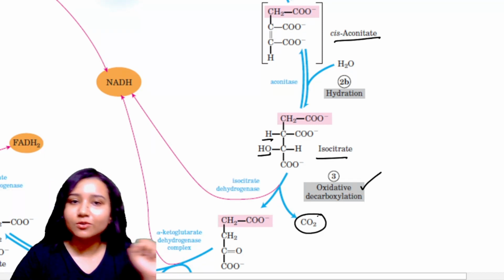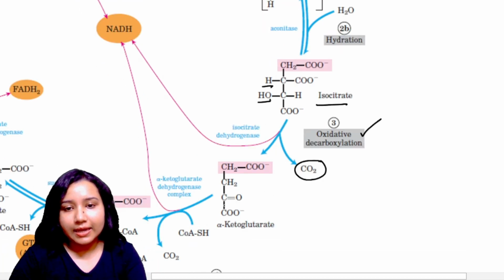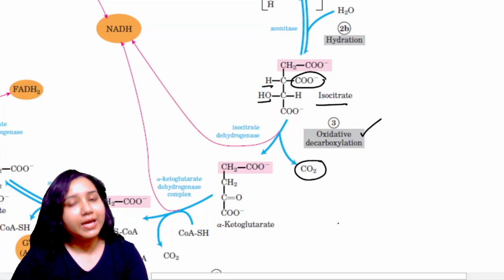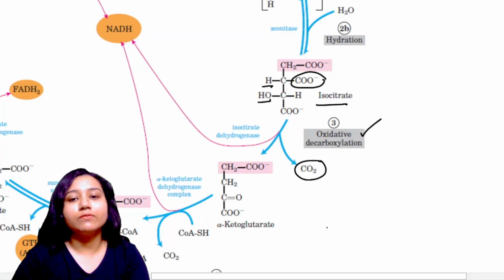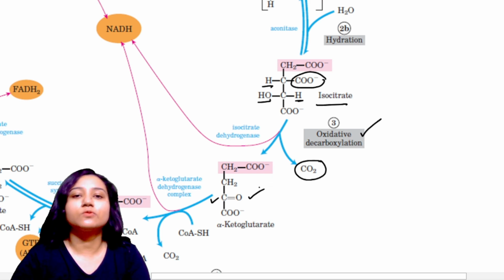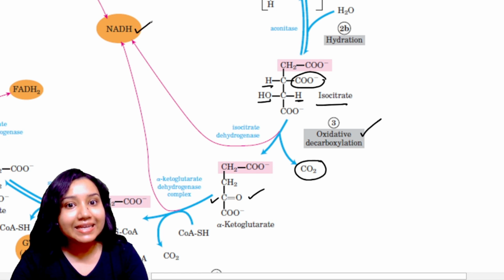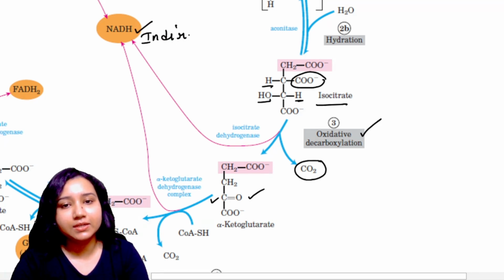So we will see CO2 will be released, like if you see here, this carboxylic group is removed as CO2. Along with that, the H is also removed. These two H which are present here are also removed. That is why there is carbon with double bond O. And of course, NADH is released, which is our indirect ATP.